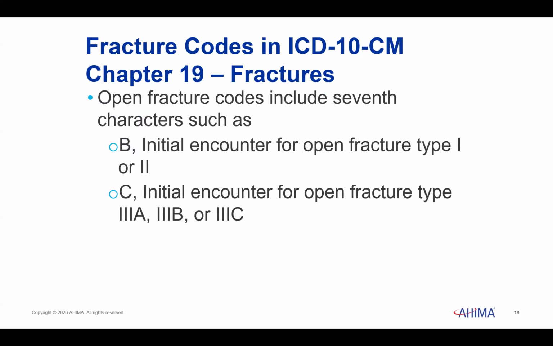Open fractures are split up by type. And when we say type, we mean severity. So we have B, referring to initial open fractures, type 1 or type 2, and C is used for initial open type 3A, 3B, and 3C.